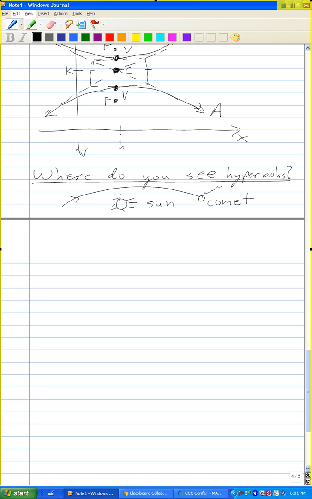Comets could travel along a hyperbolic curve. There are some types of bodies that come in where they only travel past the sun once, and those sorts of objects could go along a hyperbolic curve. Many comets actually go in elliptical curves because they'll come back.